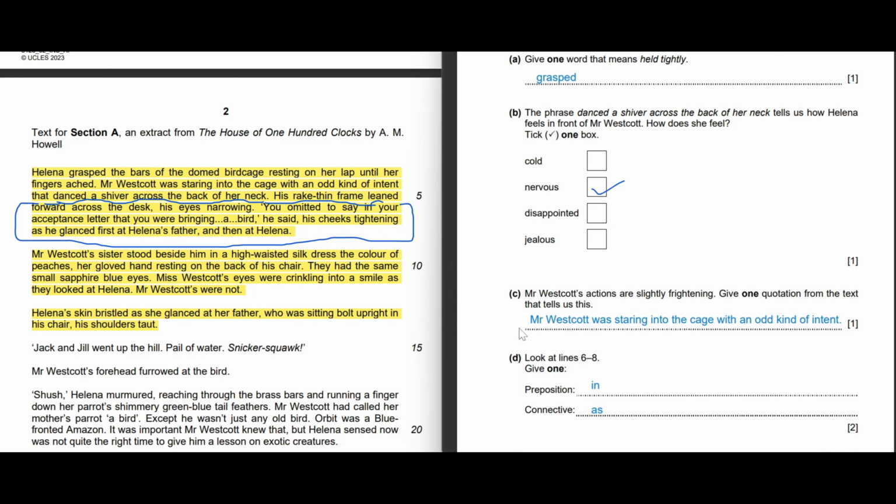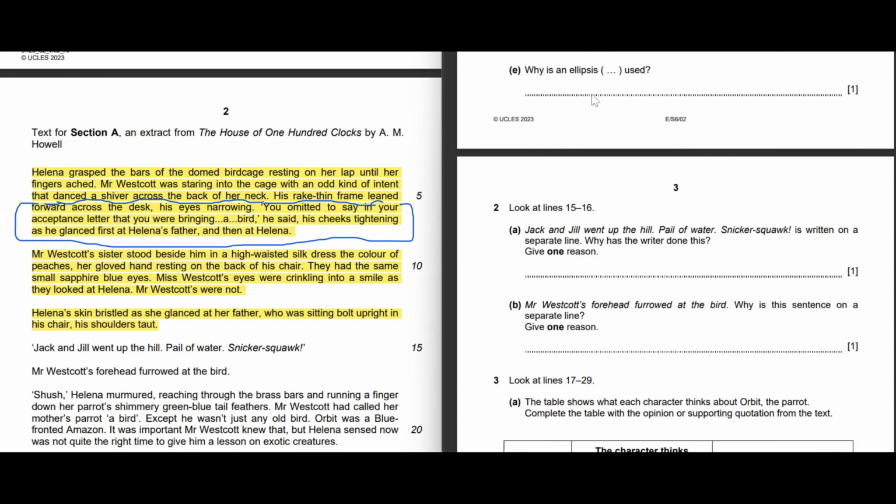Let's move on to question 1E, guys. Well, question 1E, why is an ellipsis used? Alright, an ellipsis used. Here you go, this one. 10 seconds from now.